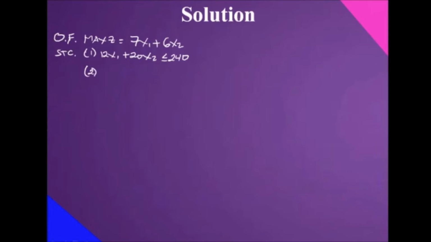For the second constraint, we have 14 x sub 1 plus 12 x sub 2 less than or equals to 168. Okay. So, next, third constraint, 20 x sub 1 plus 10 x sub 2 less than or equals to 200.